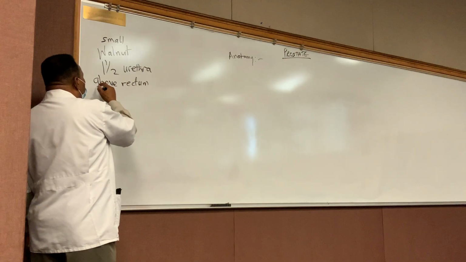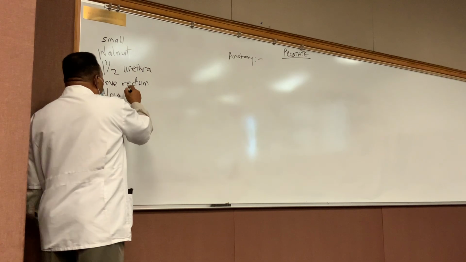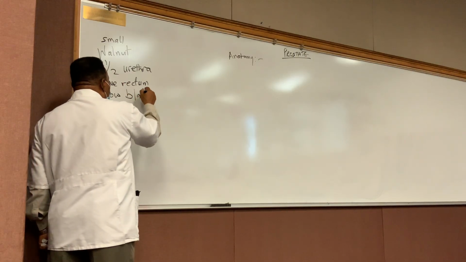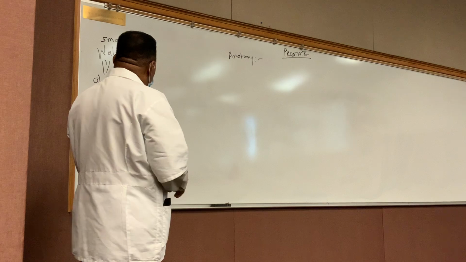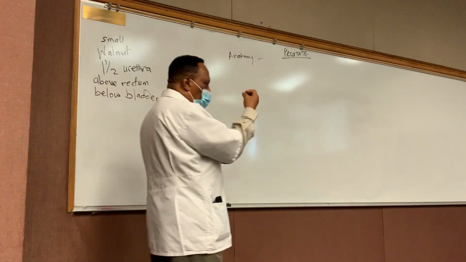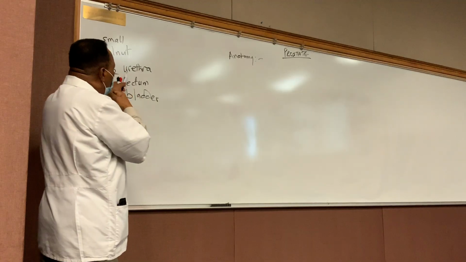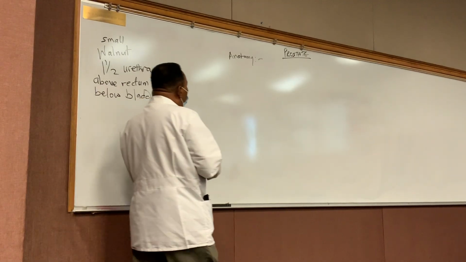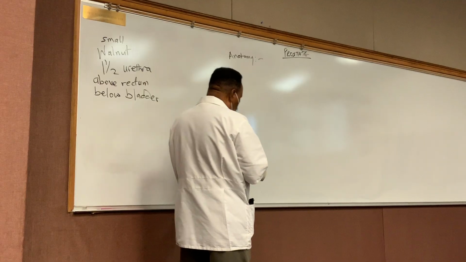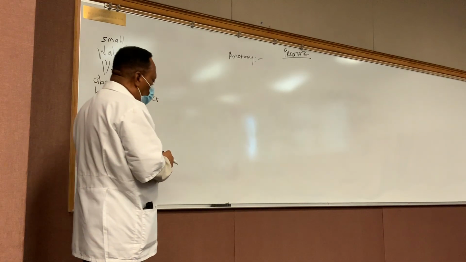And it's just below basically the bladder. So it surrounds the first 1.5 inches of your urethra. Okay, so that's what it looks like and where we can find it.